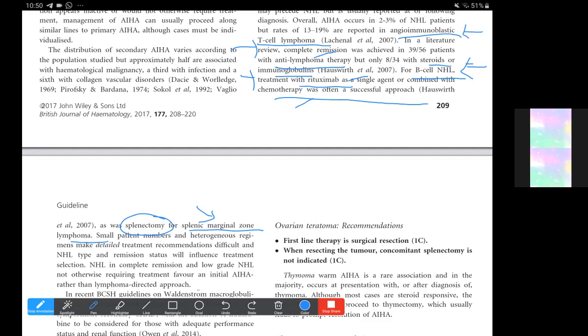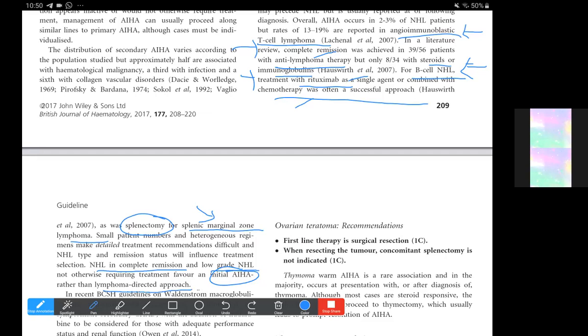So if the primary disease is in complete remission, or if it is low-grade non-Hodgkin lymphoma not otherwise requiring treatment, then the autoimmune hemolytic anemia treatment would be directed to just treating the immune hemolytic anemia, and it would not of course require a lymphoma-directed approach.